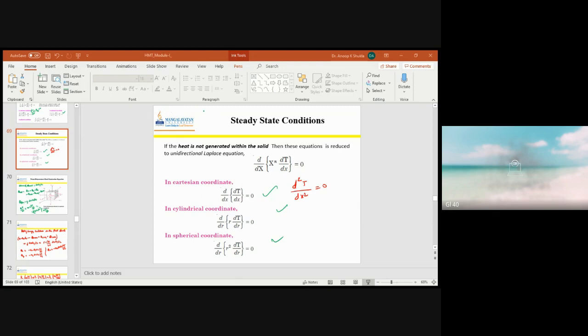Similarly, heat generation, that is small g, is also a function of space and time, x, y, z, and t. t is the time, and conductivity is also a function of space. For an anisotropic material, this thermal conductivity varies along the direction. And capital C is the specific heat of the material.